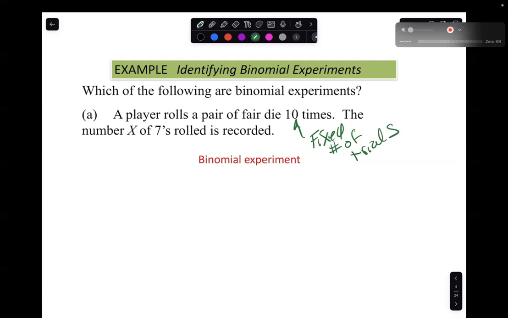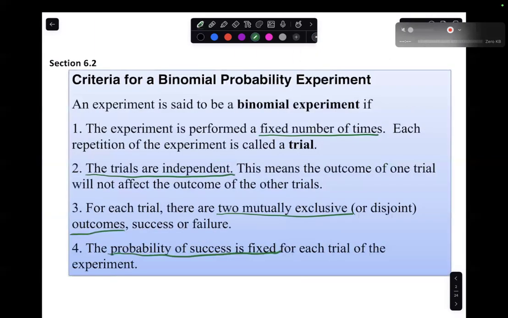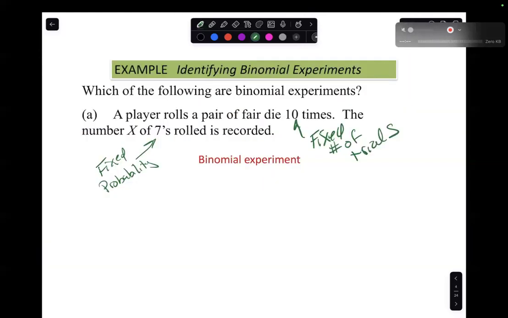My probability of success is also fixed because my probability of rolling a 7 is a fixed probability. And obviously the trials are independent.